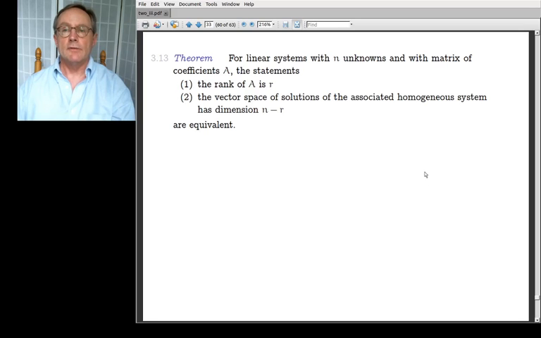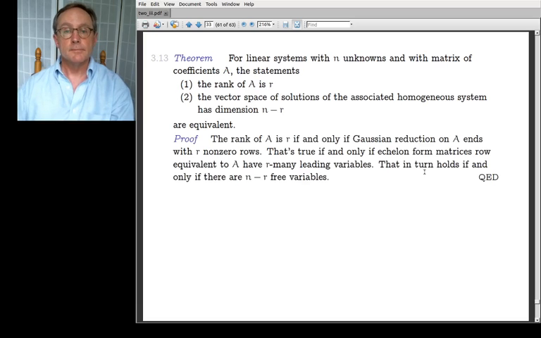So if you tell me that you have n unknowns, and that when I do Gauss's method on it, the number of non-zero rows that remain is R, then I can tell you that you will have n minus R free variables. If there are R leading variables, there must be n minus R free variables, and so the n minus R free variables give you n minus R degrees of freedom.